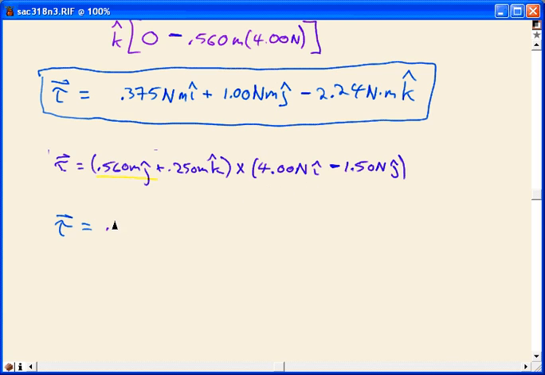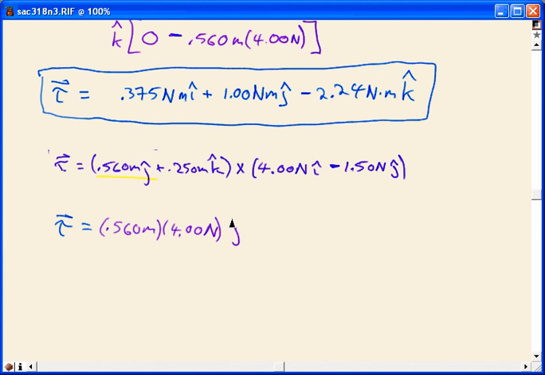I'm going to change the order around a little bit, interchange the scalars. I can do that with the scalars, but you have to keep the vectors in the same order that they start out in. So you can look at it as this times this crossed into this times this, which gives the same thing as this times j crossed into i.